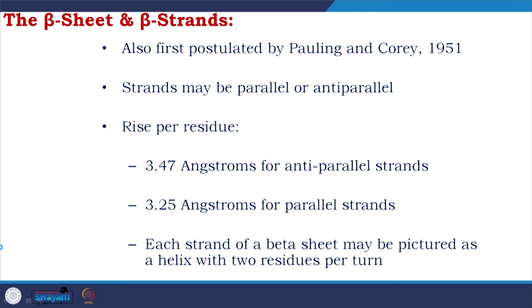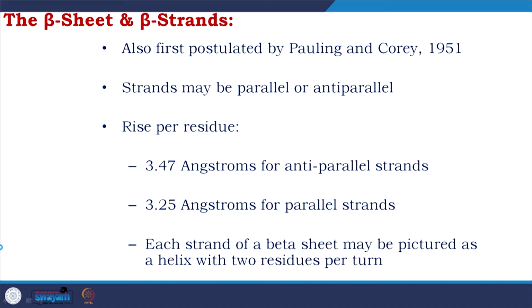Individually, it is called a beta strand, but if you look at a beta strand, it cannot form hydrogen bonds with itself like an alpha helix. So, you cannot calculate the stability or energy of a beta strand.